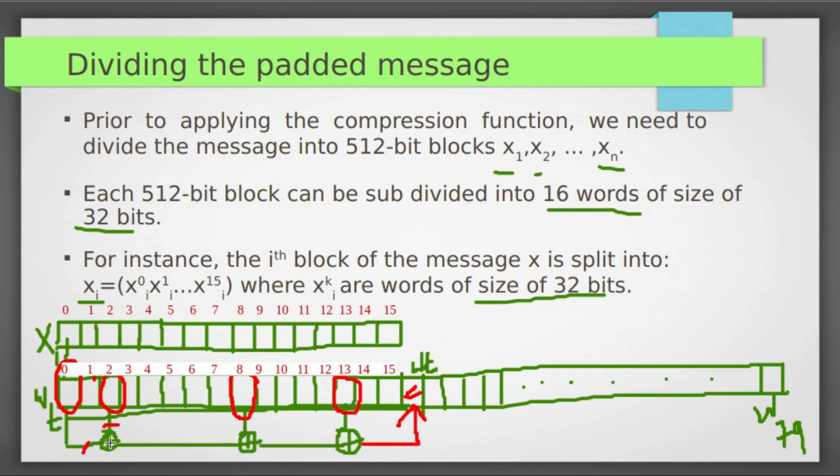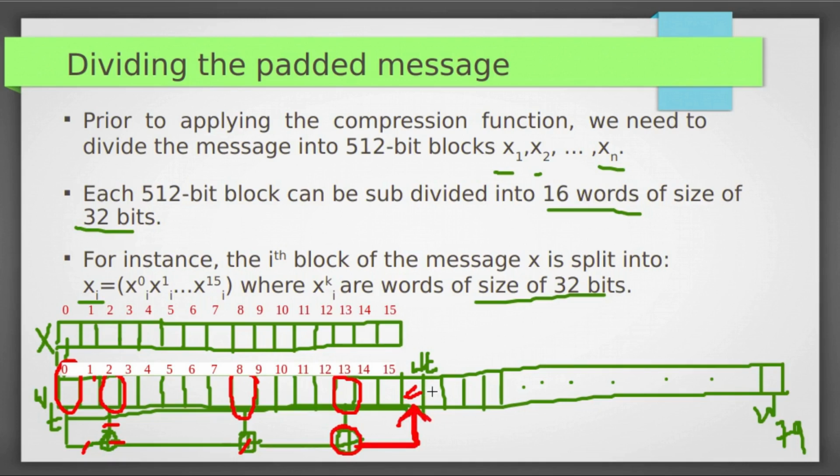Here these two are XORed, and then this result will be XORed with W16 minus 8. This result will be again XORed with W16 minus 3. Final result is the W16.